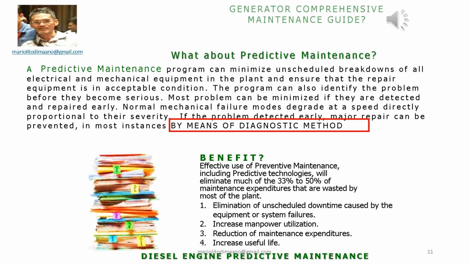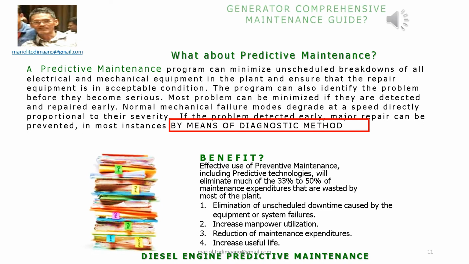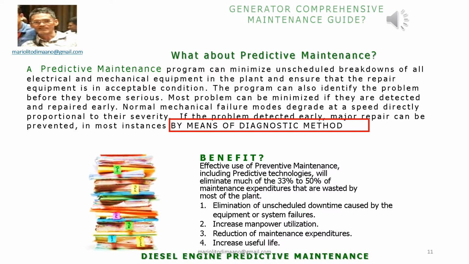Most problems can be minimized if they are detected and repaired early. Normal mechanical failure modes degrade at a speed directly proportional to their severity. If the problem is detected early, major repair can be prevented in most instances by means of diagnostic methods.